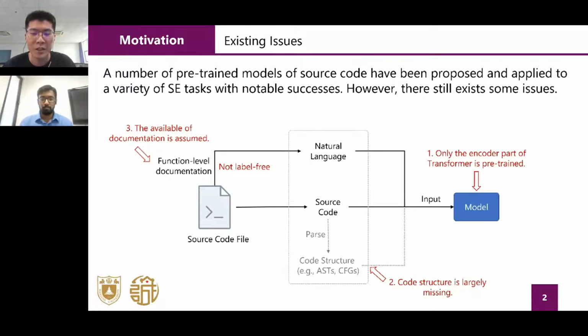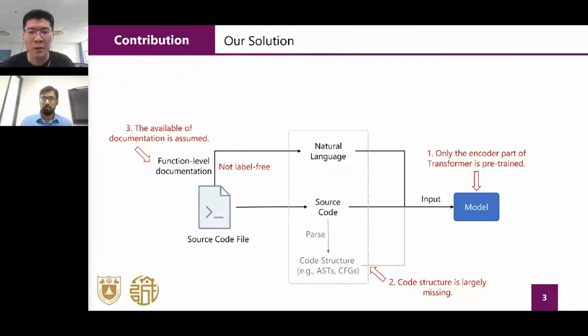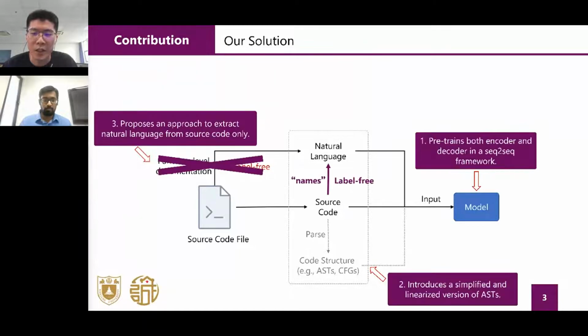This assumes the documentation is available, which in fact is not always the case, and it is not label-free. To address these issues, in our paper, we first propose to pre-train both the encoder and decoder in a sequence-to-sequence framework. Then, we introduce a simplified and linearized version of ASTs. And last, we propose an approach to extract natural language from source code only, which is also label-free.